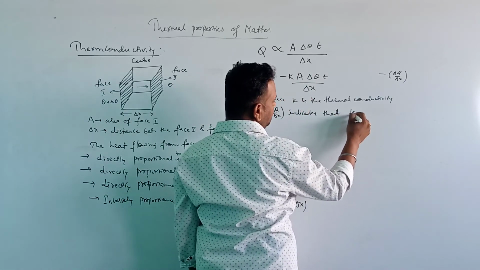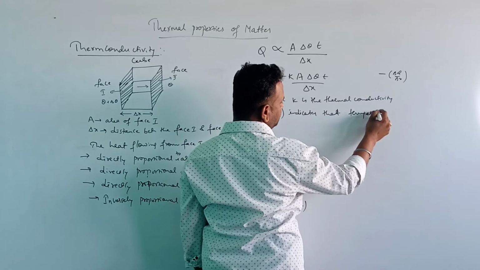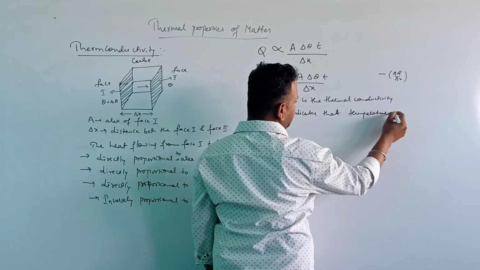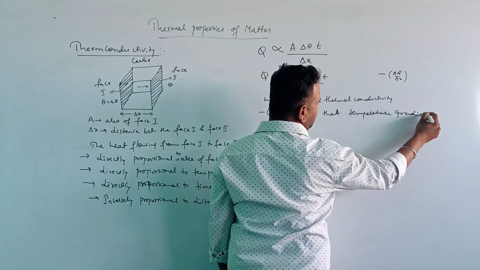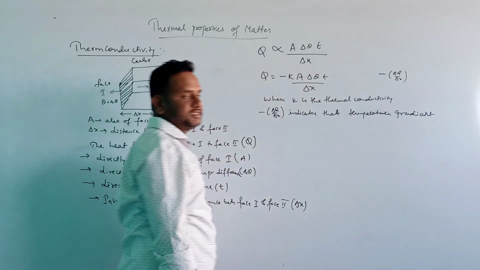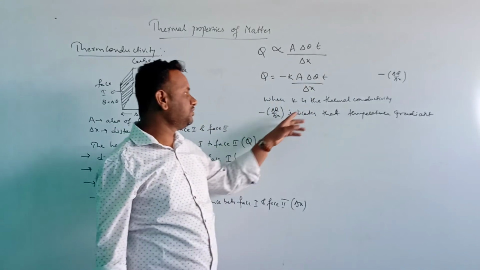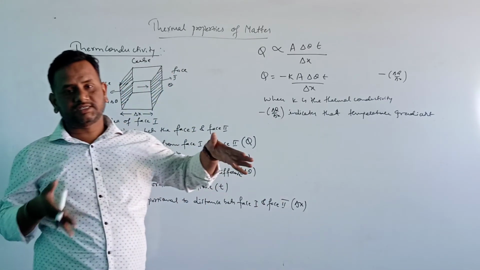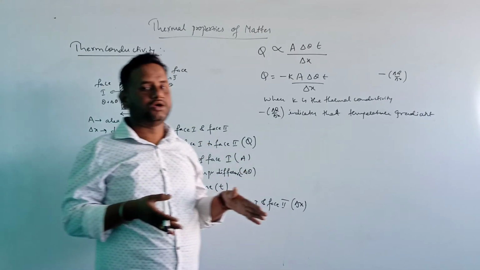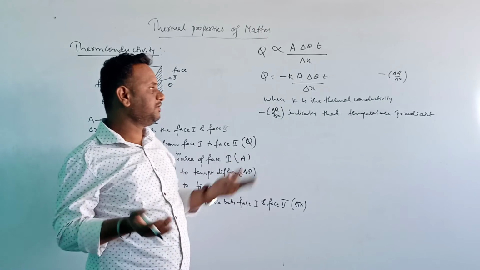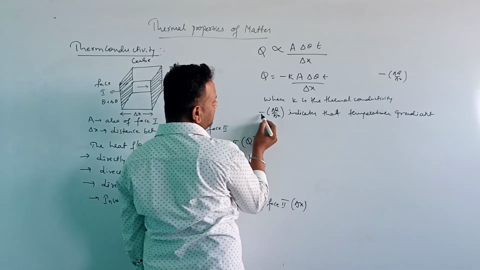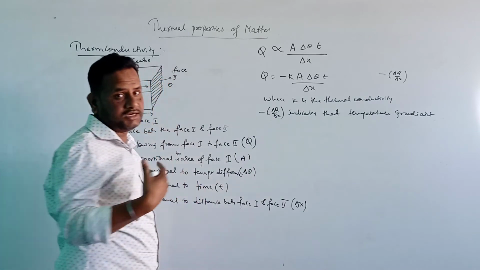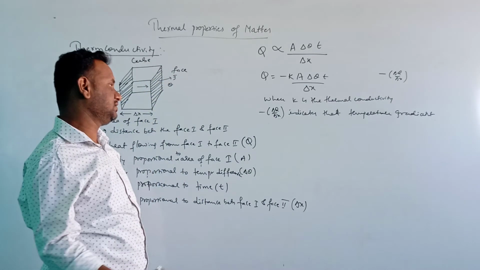Here, with the change in the distance, the temperature is also decreasing. Greater the distance, lesser will be the temperature. So the negative sign is indicating that the temperature is decreasing with the distance.